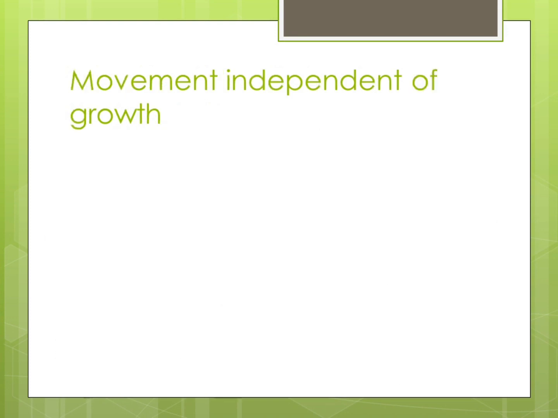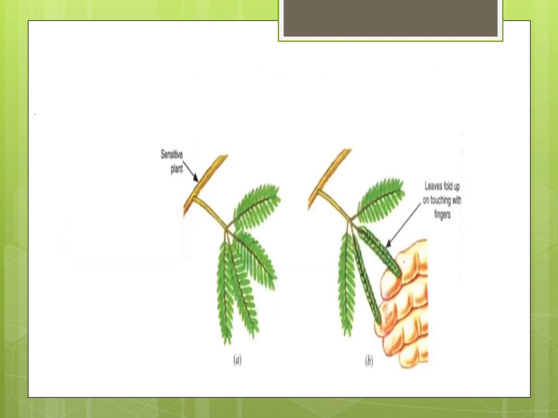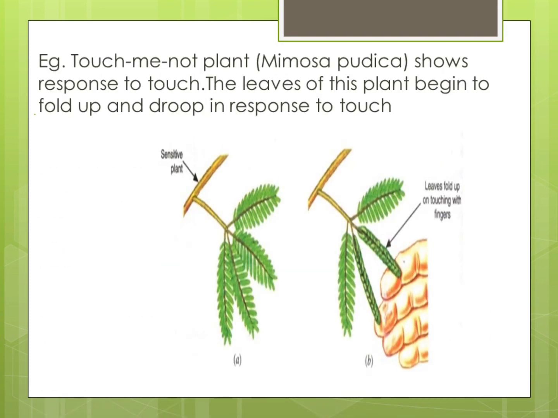Nastic movement is the type of movement that does not involve growth of the plant. Example is the touch-me-not plant, Mimosa pudica. This shows response to touch. The leaves of this plant begin to fold up and droop in response to touch.